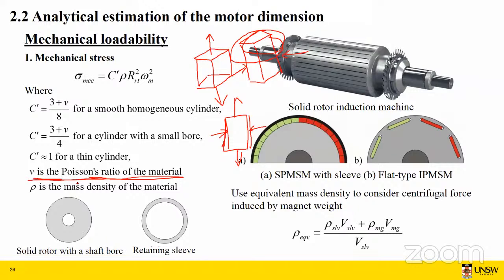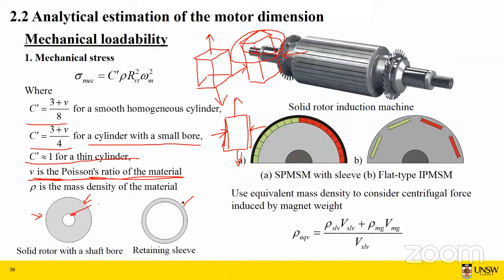So for a solid cylinder, this is our C dot. But for a cylinder with a small bore, C dot equals (3 plus V) divided by 4, which is this case. You have a very small bore at the center, and this is very close to the situation of a solid rotor with a shaft bore, because the shaft is normally relatively small compared to the rotor diameter. The third case is a very thin cylinder.